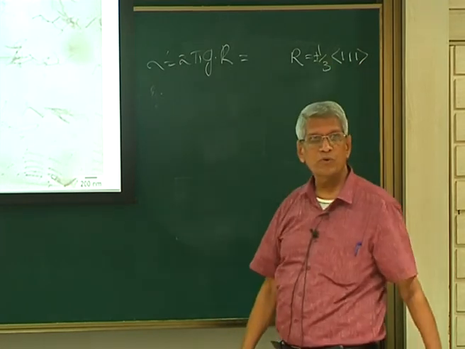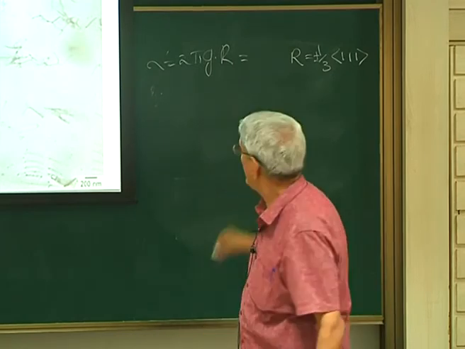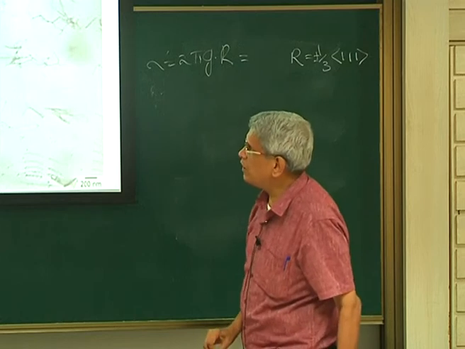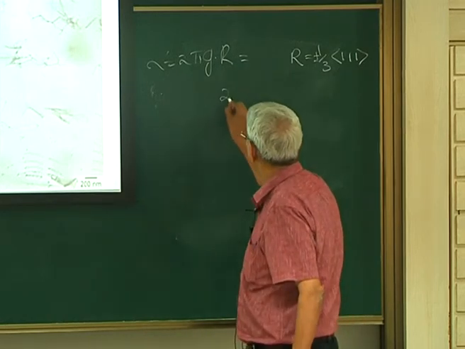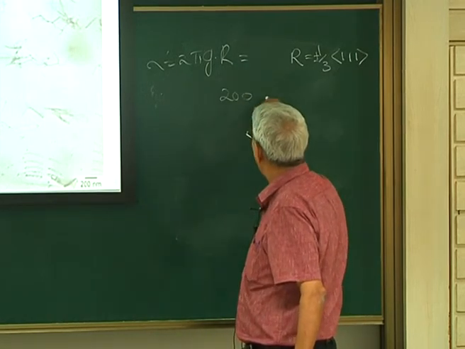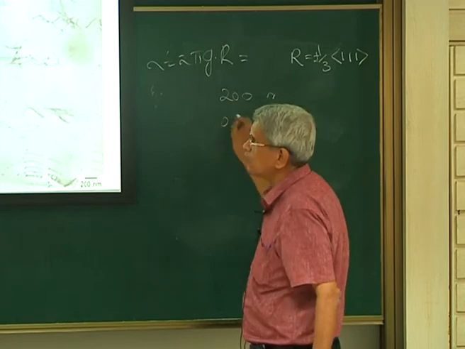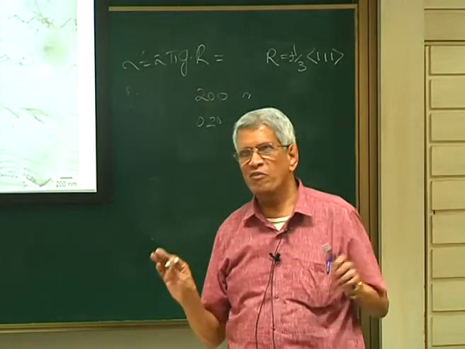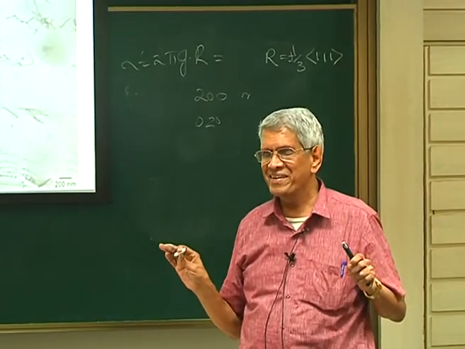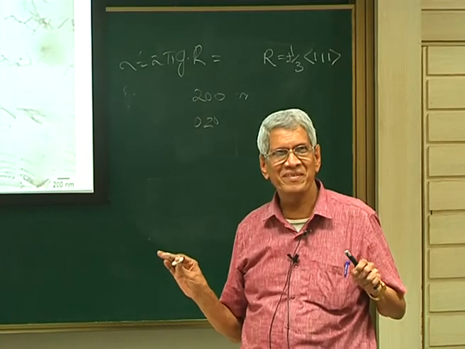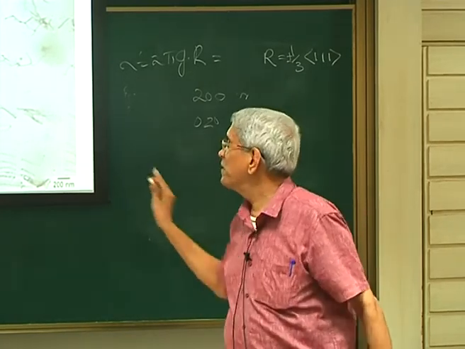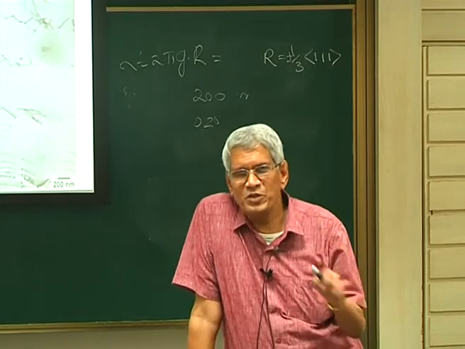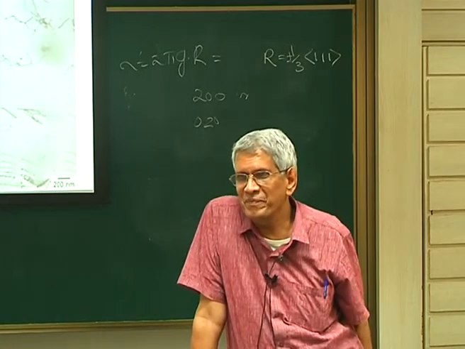Plus or minus 1 by 3 1 1 1 will be the R. You assume that, then what are the reflections which you have got? So, with respect to either 2 0 0 or 0 2 0, if you take those two reflections, alpha will always be non-zero. So, the fringes will be visible. So, these three where the fringes are visible, they always correspond to that condition, right?